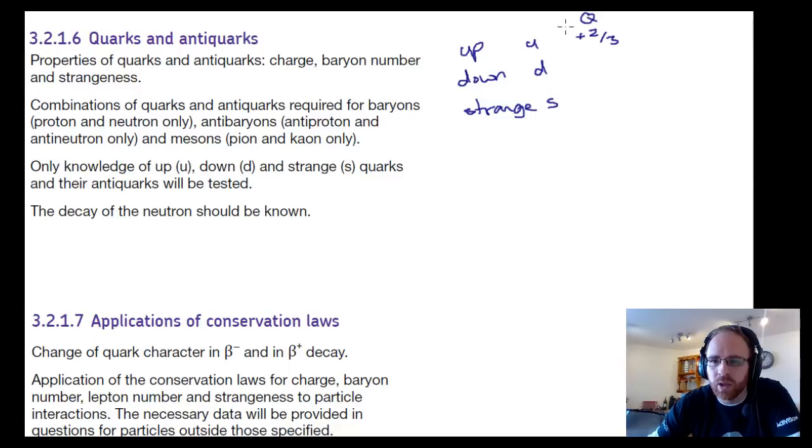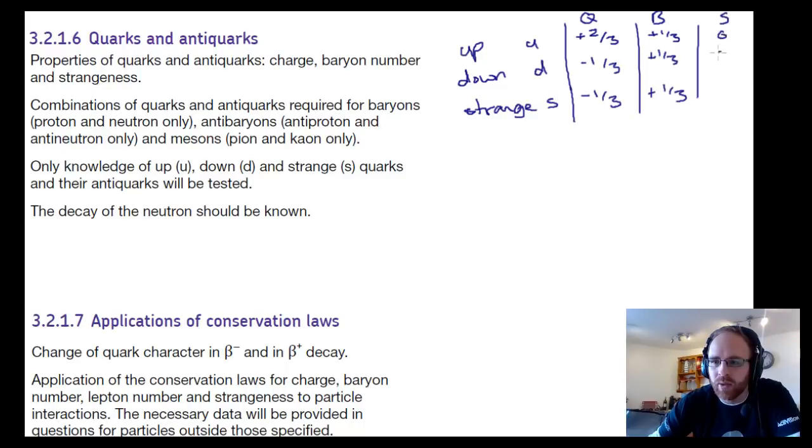So let's talk about charge in this column here. Down is -1/3, and strange is -1/3. Baryon number +1/3, +1/3, +1/3, and strangeness 0, 0, -1. So if you want antiparticles of all of these, you have to flip all of these quantum numbers.